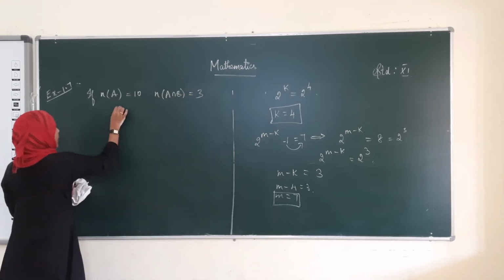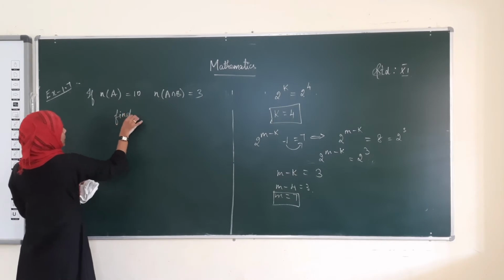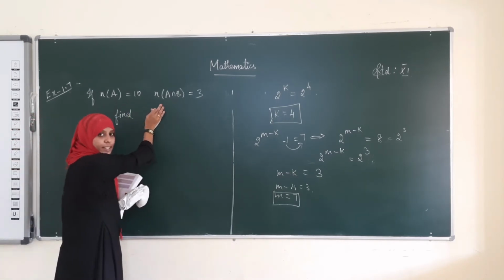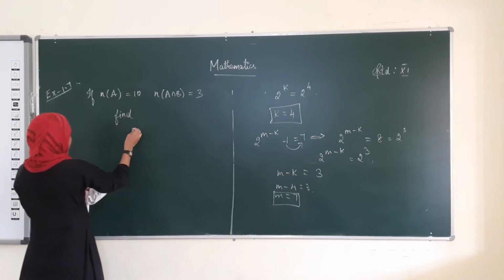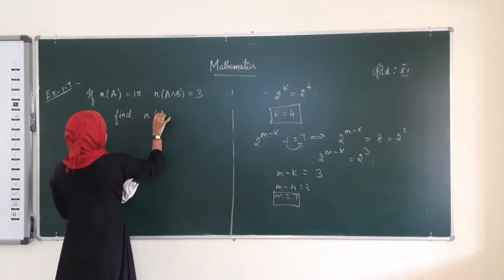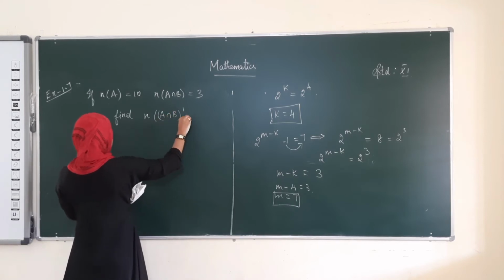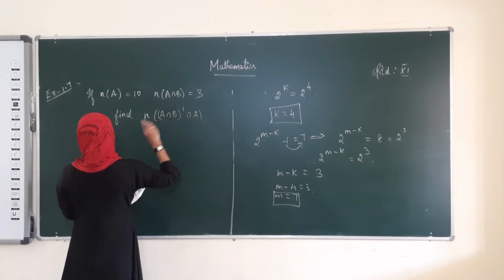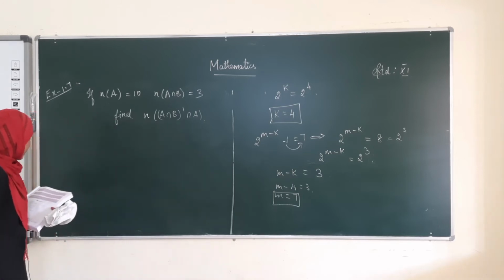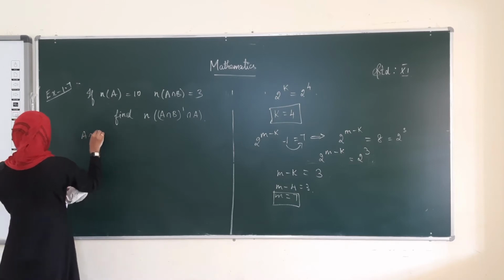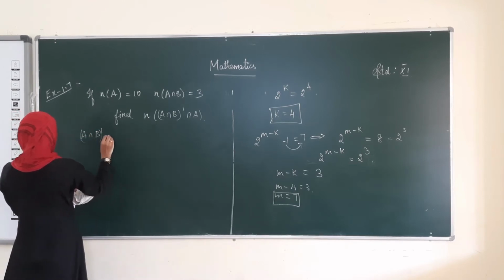The number of elements in A is 10 and the number of elements in A intersection B is 3. What we have to find is n of (A intersection B)' intersection A. First let us solve this, that is (A intersection B)' intersection A.